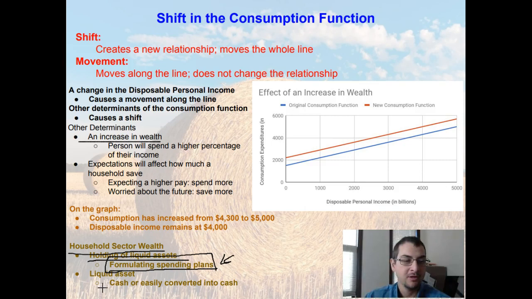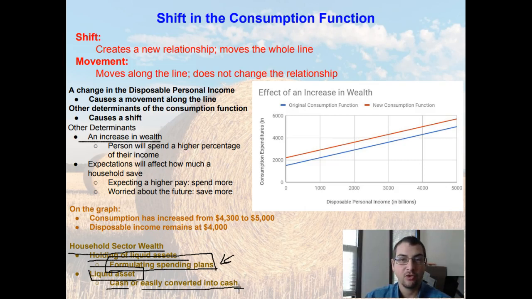So what exactly is a liquid asset? A liquid asset is either cash or assets that can be easily converted into cash with little or no penalty. Stocks and bonds can be easily converted into cash, often with little to no penalty.